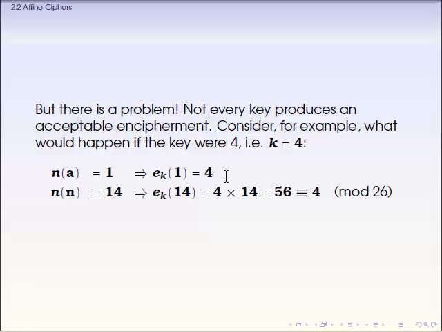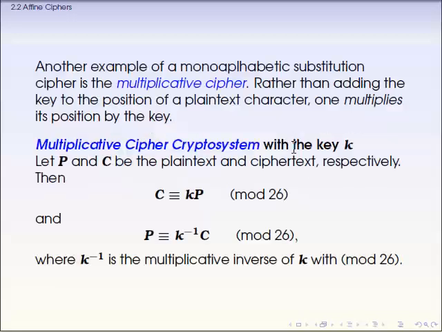So you're not going to get the original plain text. This is only one case, and there might be some other letters having the same property. So you're not going to get really nice plain text back. Okay? So that's the problem. So there are some restrictions in choosing the key for this multiplicative cipher.